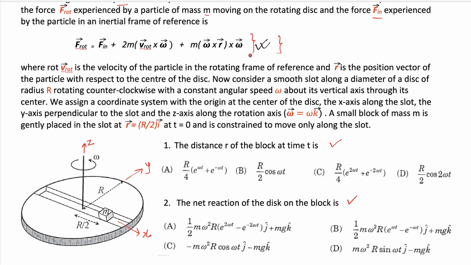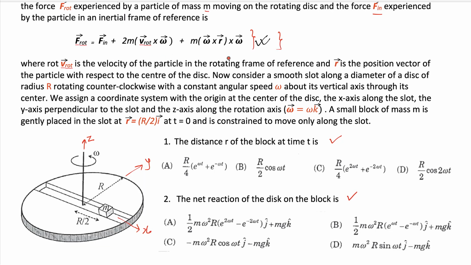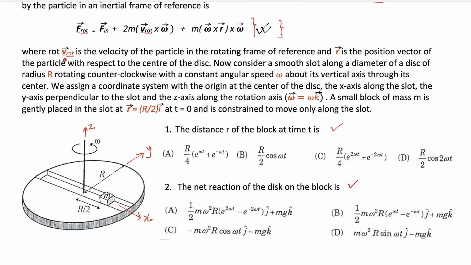What is this? Typically, you might already be knowing about it, where V rot, the rotational frame of reference, is the velocity of the particle in the rotating frame of reference, and r is the position vector at any point in time. Okay, now at a certain point in time, let's say t equal to 0, there is a block of mass m.